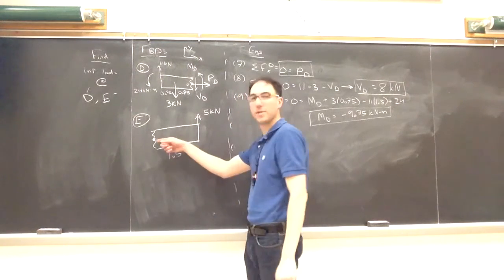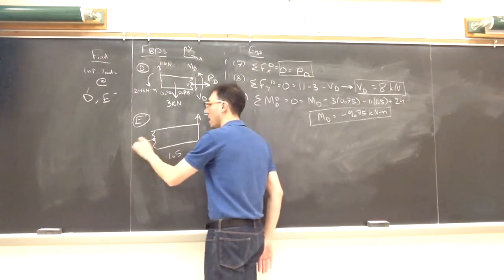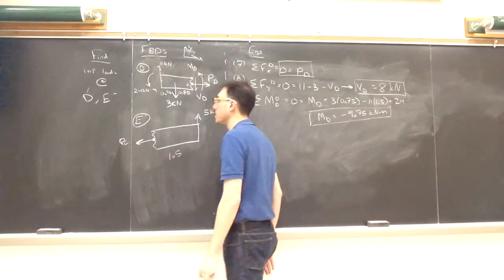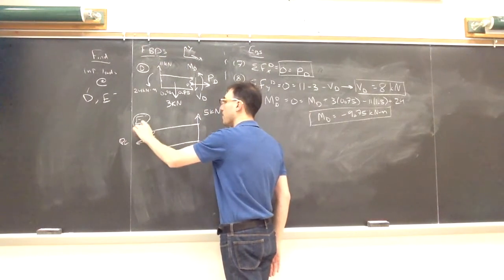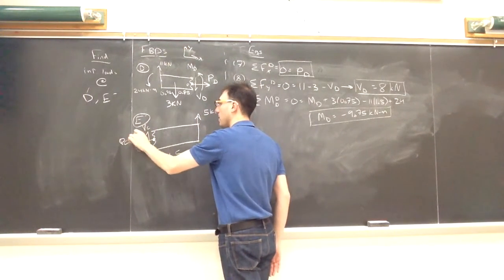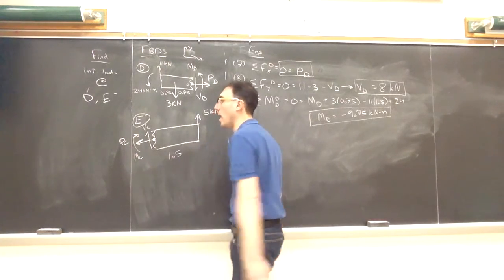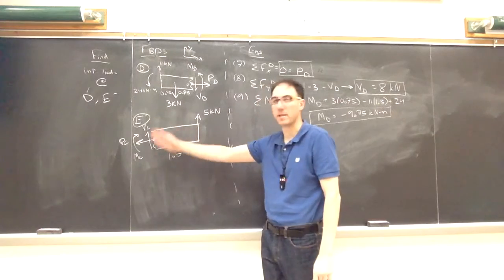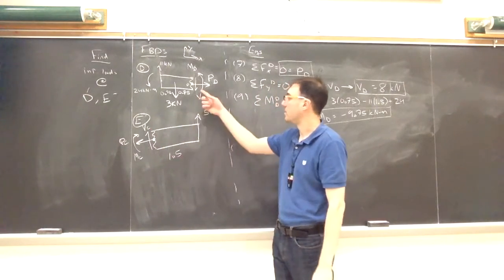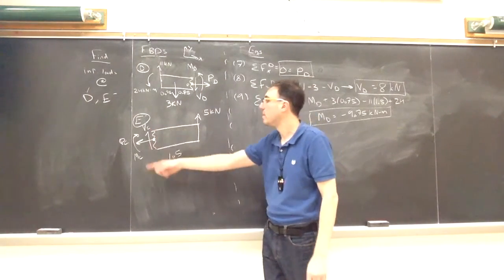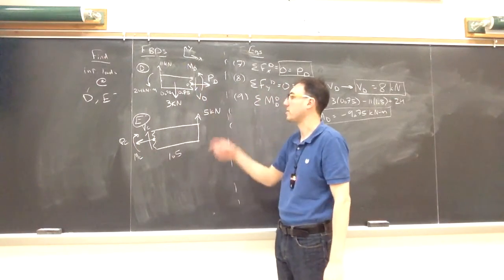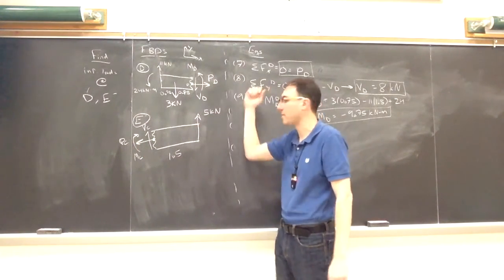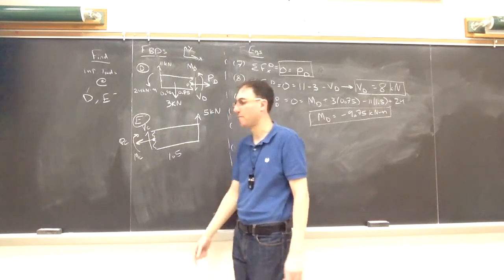And then through the centroid where I made that cut, I'll have the internal normal force, P sub C. This will have VC up, and this will have MC clockwise according to our assumptions for when we're cutting at the extreme left of the beam. So here it was down, we assumed, here it's up, here it's clockwise, here it was counterclockwise, PD coming out from the cut, PC also coming out from the cut.